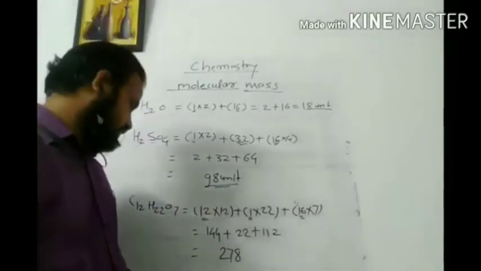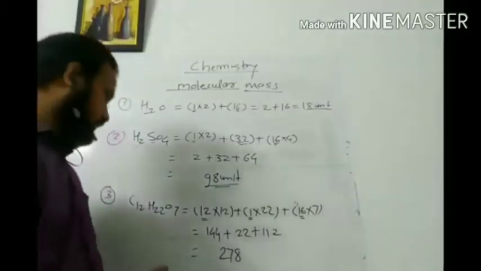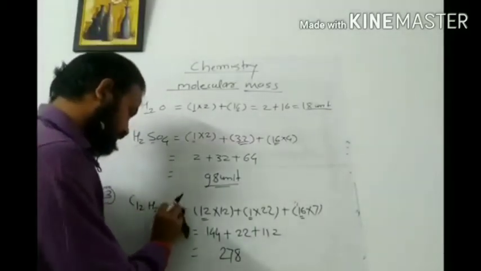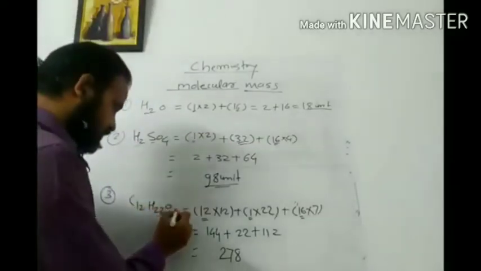Actually it is C12H22O11. I have to calculate with this. I wrote the formula for sucrose somewhat wrong.